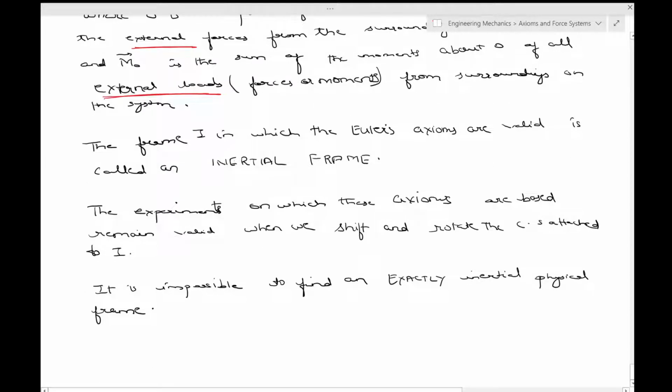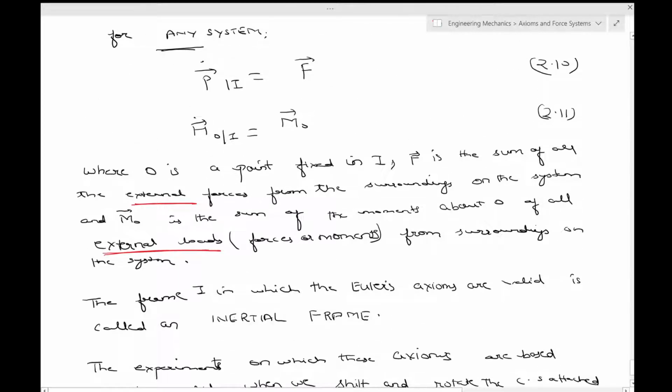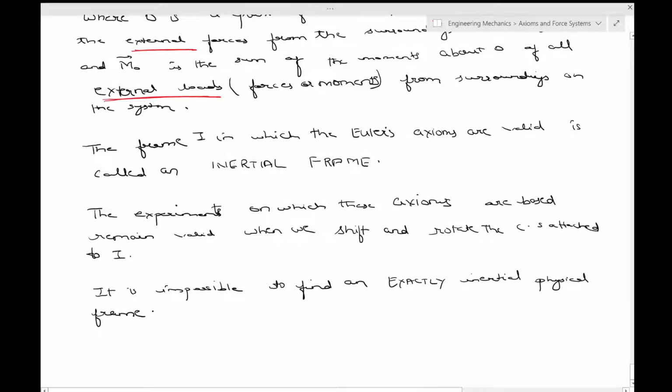So you cannot have a frame in which these Euler's axioms are exactly valid, but there are approximations in which these axioms are valid.